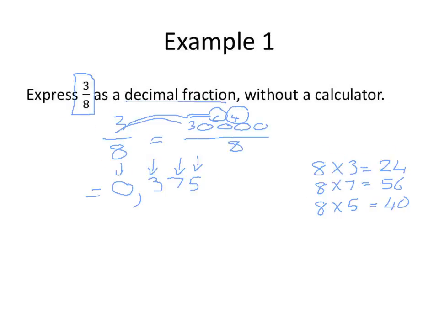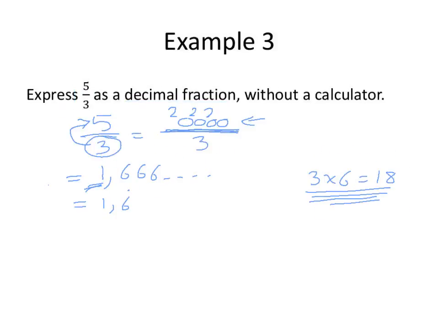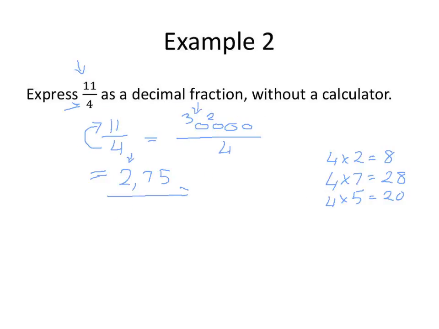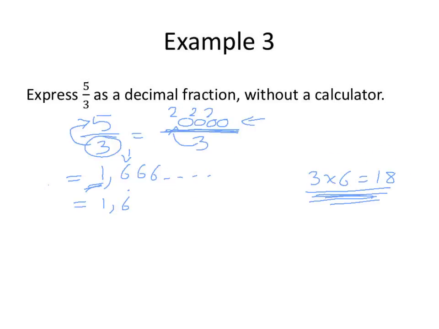If we're not carrying a remainder, we're carrying the top number over. We get our new number, which in this case was remainder 2, so it became 20, and then we divide the bottom into the top, see how many times it can go, and write the number. We keep going until we either have a terminating decimal like that, or we get a recurring decimal like that. Hope that helped.